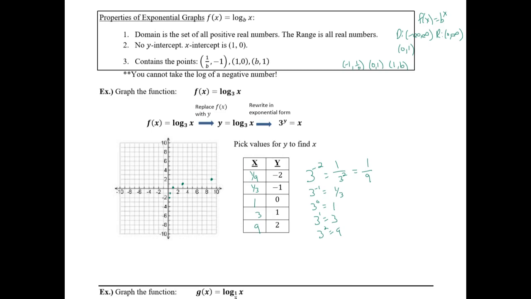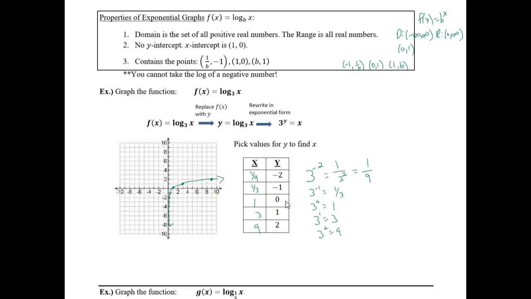So, as we mentioned before, the domain is all positive real numbers, so it's going to get close to the y-axis, but it's not going to cross it because I can't input a negative number for x. So it's not going to go into the negative x values because it's not part of my domain. And there you go. So log base 3 of x looks like this.